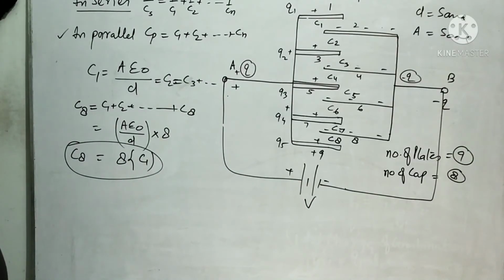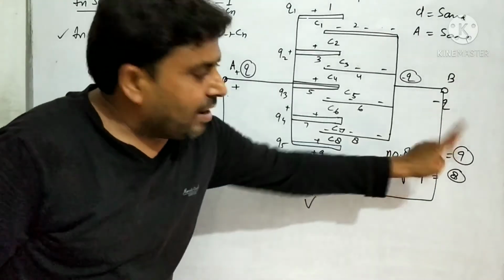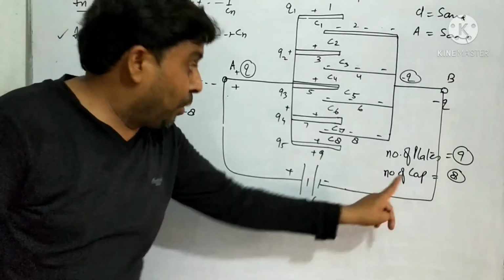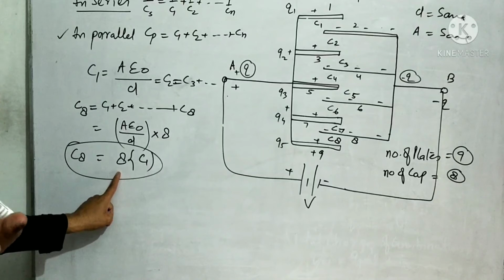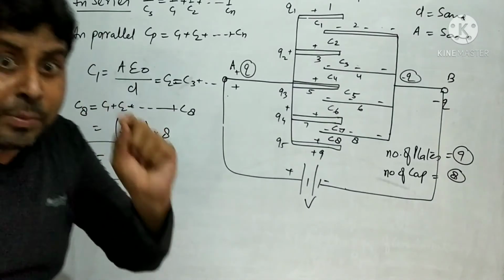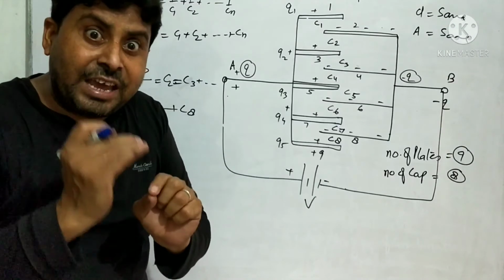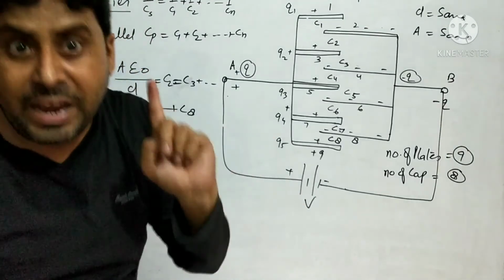One combination: number of plates are 9, number of capacitors 8, which means one less than the number of plates.